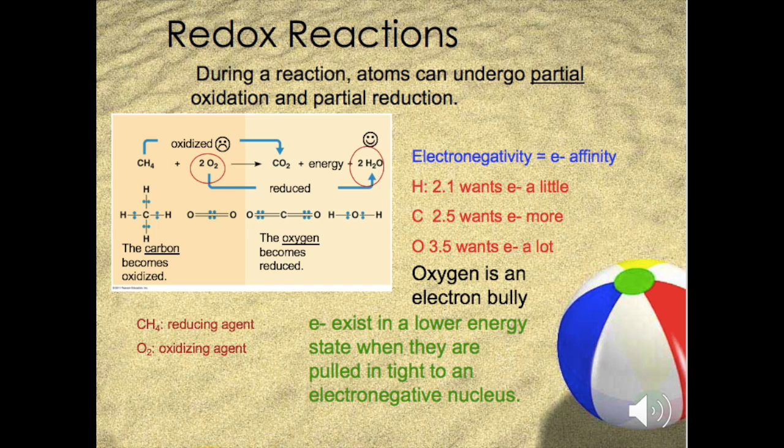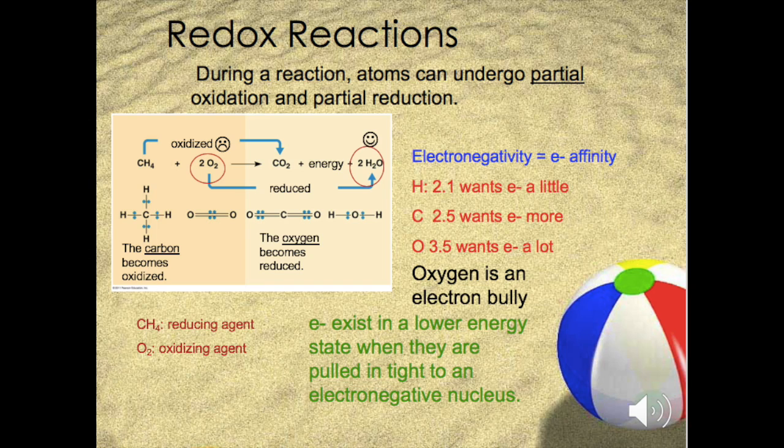So energy is released, and methane is, again, the primary ingredient in natural gas. And when it combusts, it releases energy, and this is because electrons end up in a more favorable electron configuration.